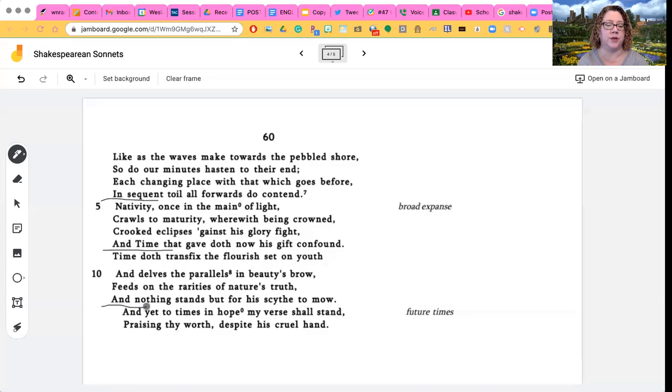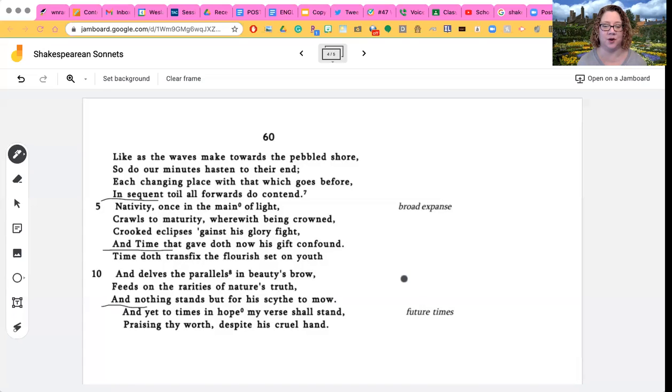Then in the third quatrain, we have time doth transfix the flourish set on youth. So it's about how when you're young, the beauty and artistry that you have when you're young is arrested, and it's stopped as you get older.